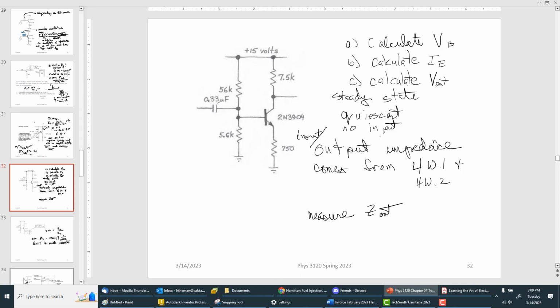You can also calculate the gain, and you can measure it. And of course, this is with a sine wave.